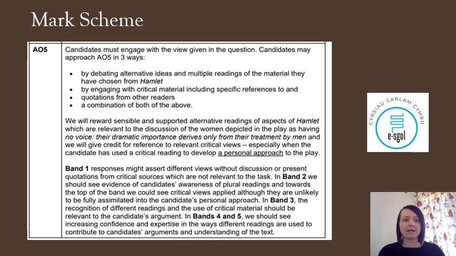AO5 then, so it tells you that you must engage with a given view, but you can approach AO5 in three ways: by debating alternative ideas and readings of the material they've chosen from Hamlet, by engaging with critical material, including specific references and quotations from other readers, or all of the above.